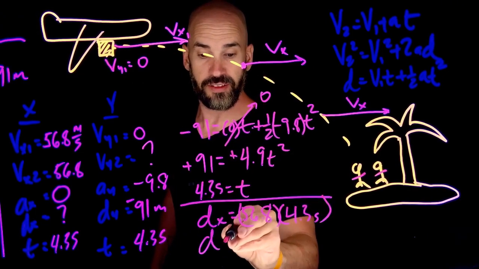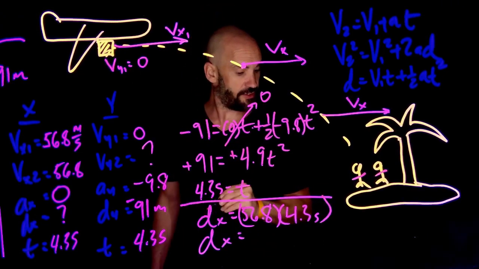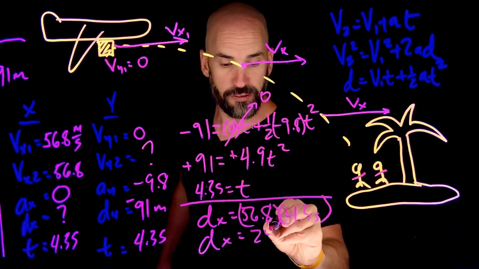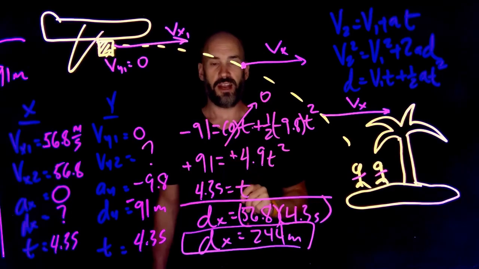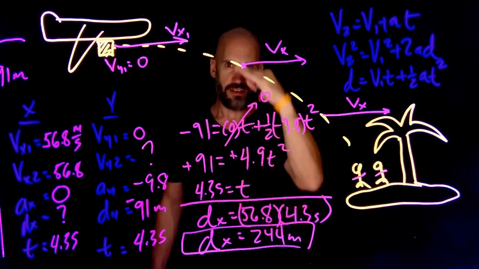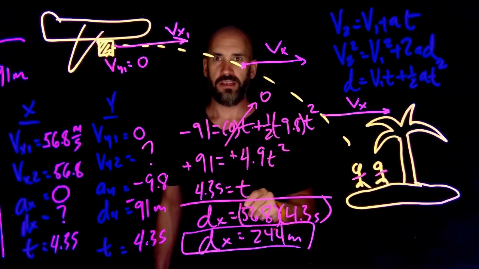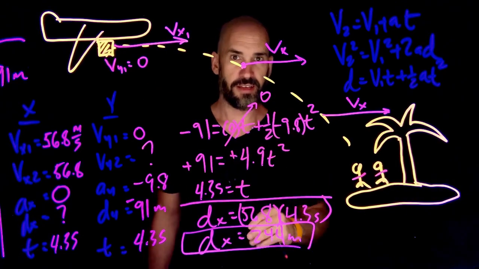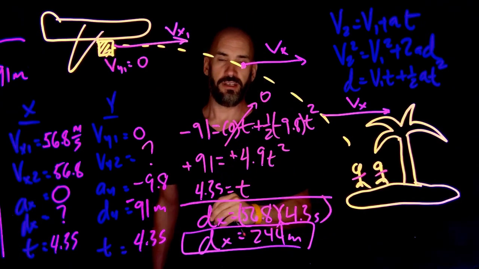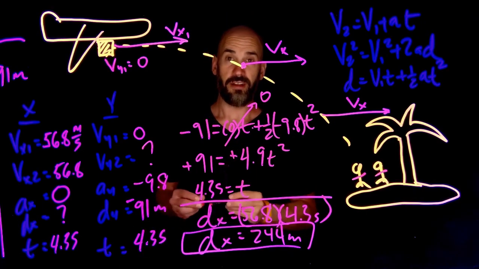And now we have the very simple and glorious answer of 244 meters, so that when the pilot's in that airplane and he sees that he's about 244 meters away, he can say, drop the package, and all the cast members of my favorite TV show get to live another day.